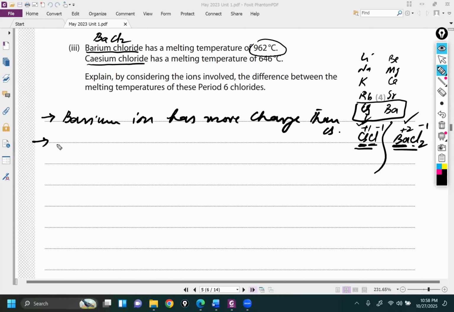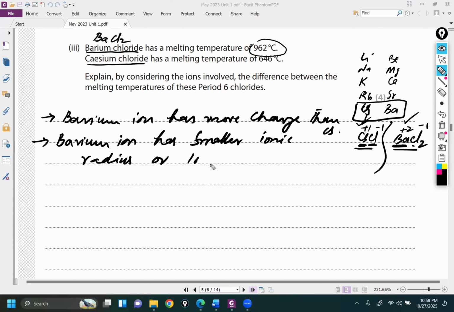Second, the barium ion has a smaller ionic radius, or ionic size, than the cesium ion.